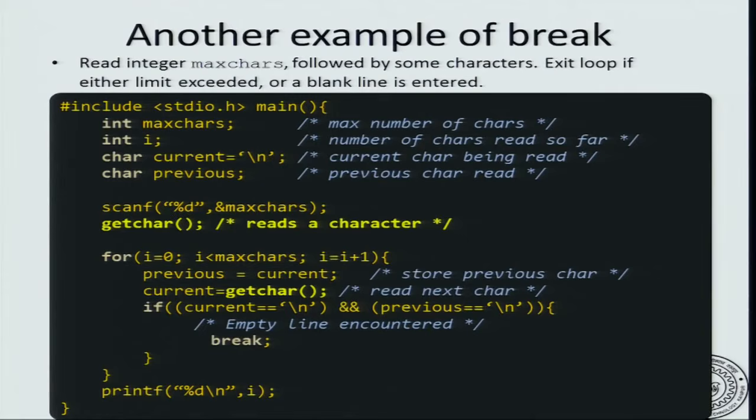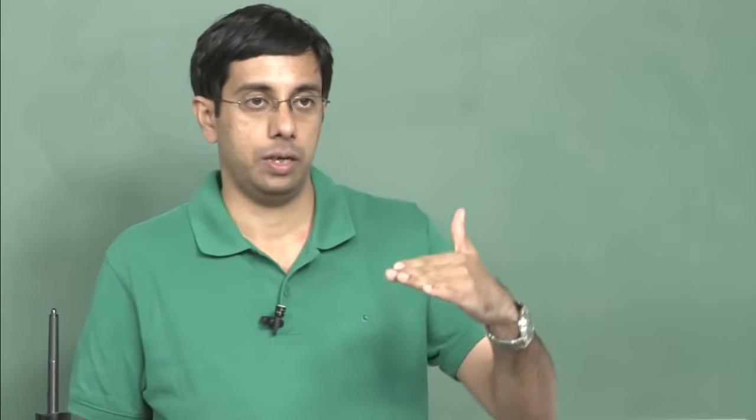So, you can type in a bunch of characters, until one of the two conditions occur. Either you enter a blank line by itself, which is indicating that I am done entering the text, or you enter more than the maximum number of characters available. So, recall there are two conditions for exiting out of our so called editor.